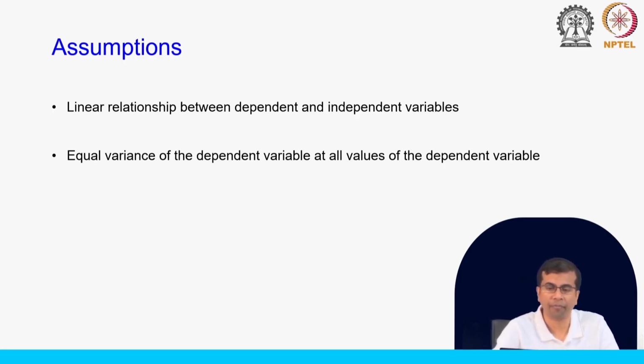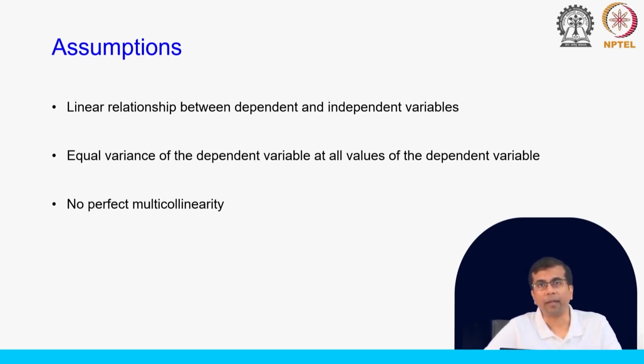The third assumption is that there is no perfect multicollinearity. We will be discussing this in much more detail: what multicollinearity is and how we can address it. Multicollinearity refers to a situation where the independent variables are highly correlated with each other.